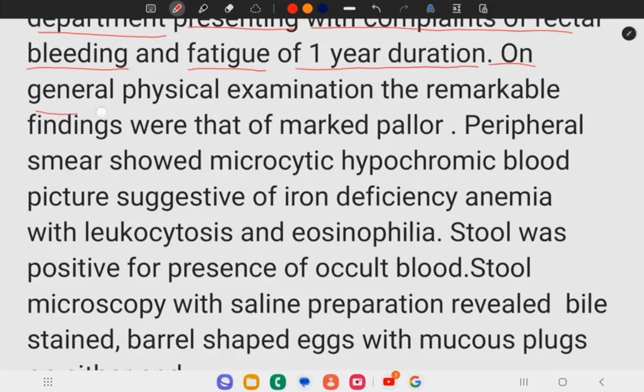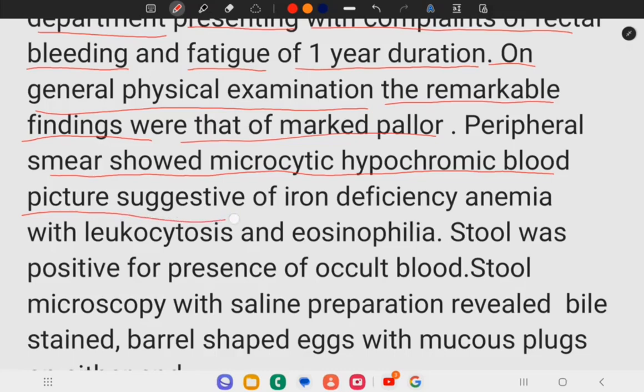On general physical examination, the remarkable finding was marked pallor. Peripheral smear showed a microcytic hypochromic blood picture suggestive of iron deficiency anemia with leukocytosis and eosinophilia.